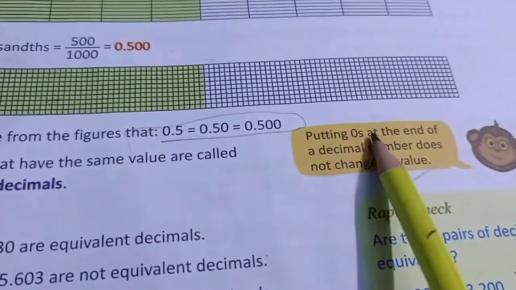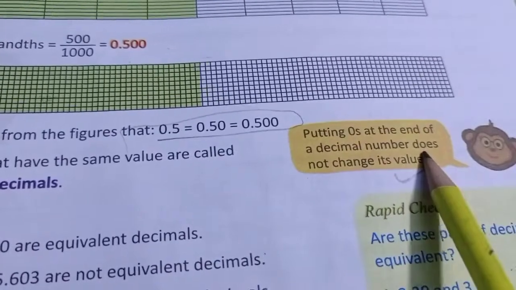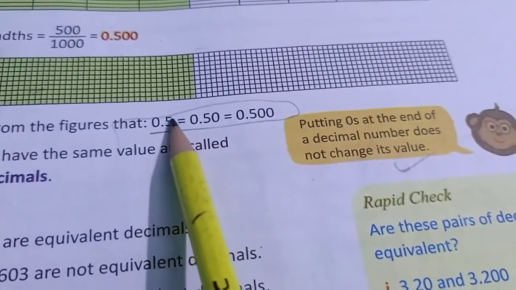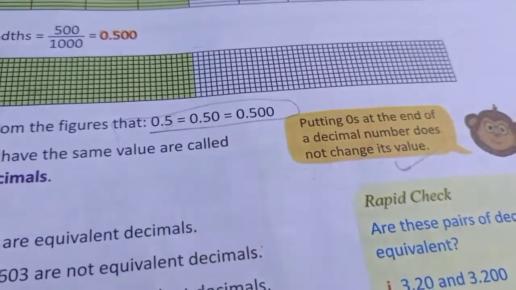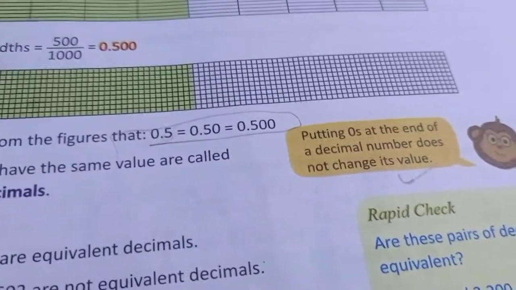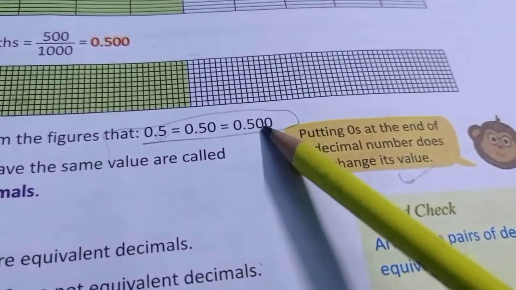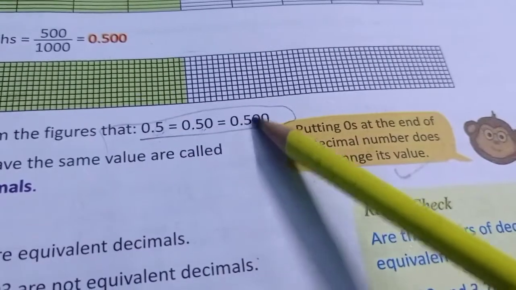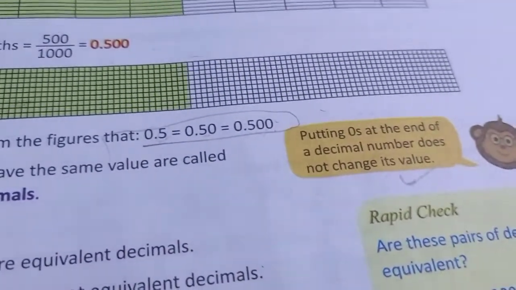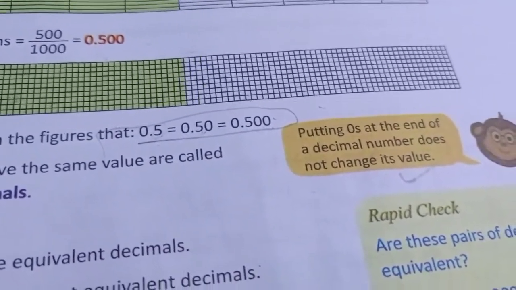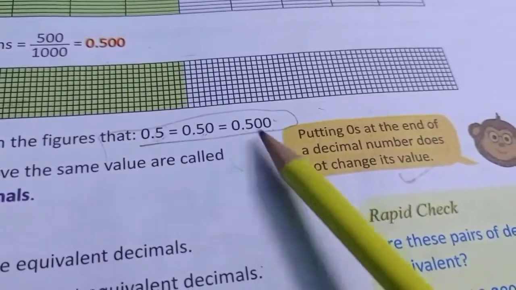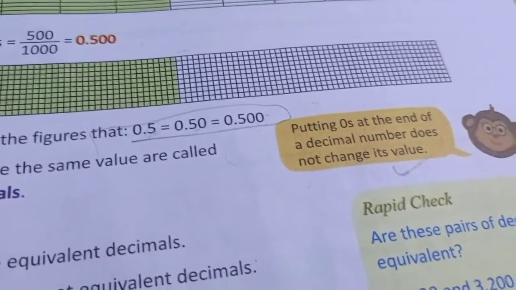When you put zeros at the end of a decimal number, it does not change its value. If you put, after 0.5, even 10 zeros, it will be equal. 0.5000, however many zeros you put, it will be equal to 0.5 only. These types of decimals are known as equivalent decimals.